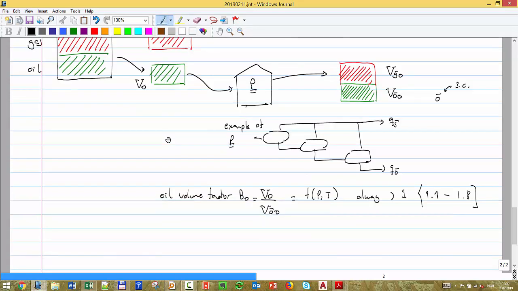Then we make another factor called RS, the solution gas oil ratio. That's how much gas was liberated at that particular pressure and temperature. Here we have BGO divided by BOO: the volume of the gas at the surface divided by the volume of oil at the surface that came from this oil that I have here.